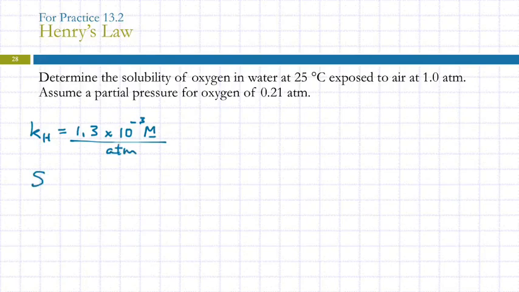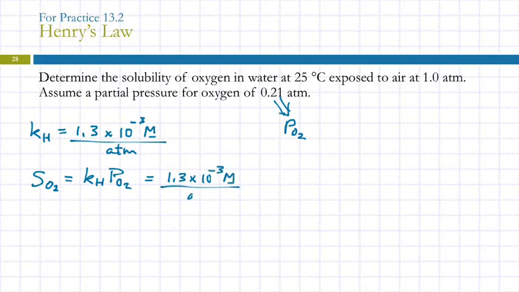And Henry's law tells us that the solubility of the gas, here it's O2, equals the Henry's law constant times the partial pressure of the O2. So the solubility will be 1.3 times 10 to the minus 3 molarity per atmosphere times 0.21 atmospheres.